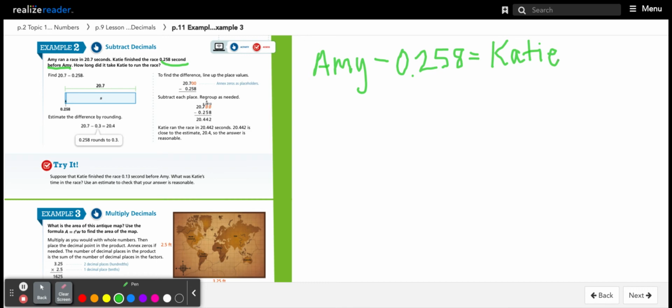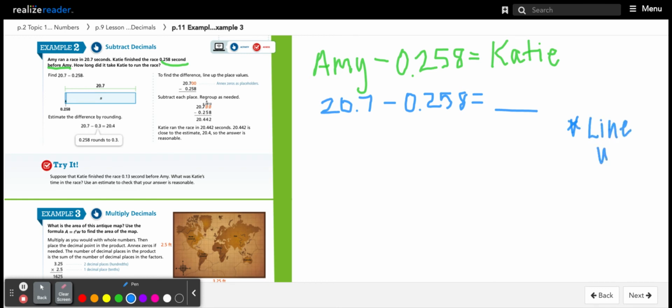So we're going to take Amy's time, which is 20.7, and then we're going to subtract that 0.258, and that's going to give us Katie's time. So we have our subtraction sentence here, and we're going to have to subtract with decimals. So just like when we added with decimals, we had to line up the decimals and the place values. That's the same thing for subtracting.